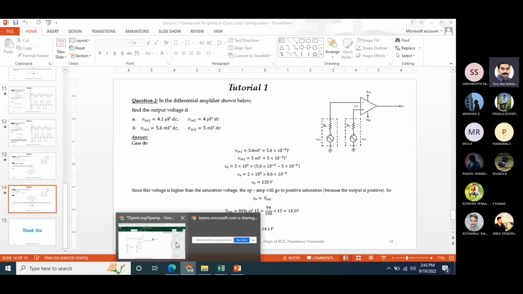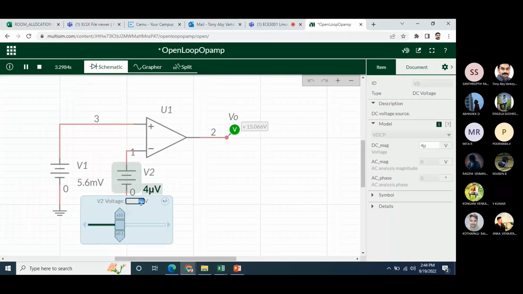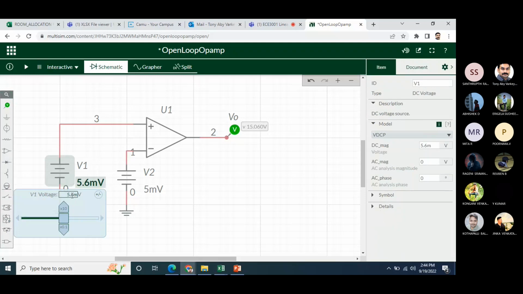So 5.6 and 5. Okay, so this is 5.6 millivolt and this is 5 millivolt. We can see output is 15 volt, which means that the op-amp is in positive saturation. Now suppose I am giving here 5 millivolt and here 5.6 millivolt.